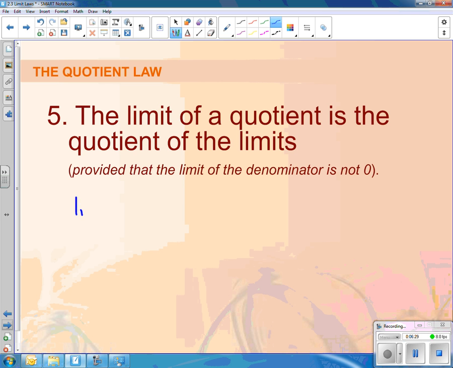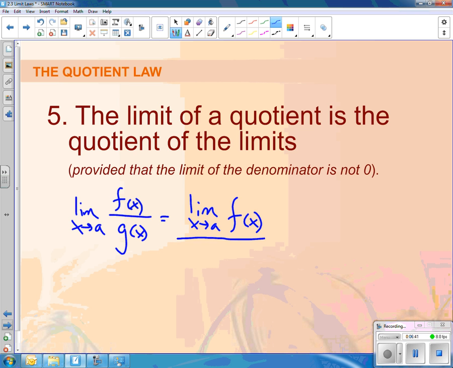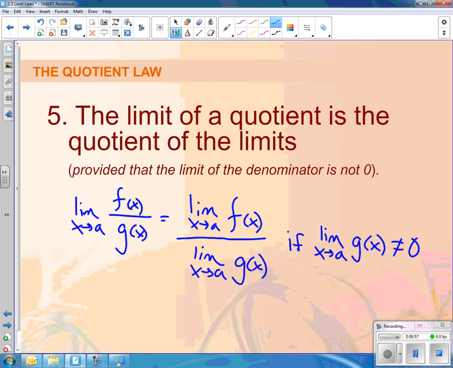So the limit as x approaches a of f of x over g of x equals the limit as x approaches a of f of x, all of that divided by the limit as x approaches a of g of x. Keep in mind this is provided that the limit as x approaches a of g of x does not equal 0, since that is the function we're looking at in our denominator.